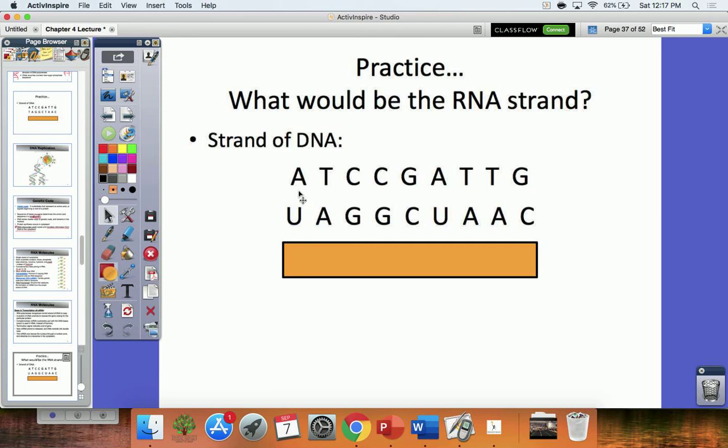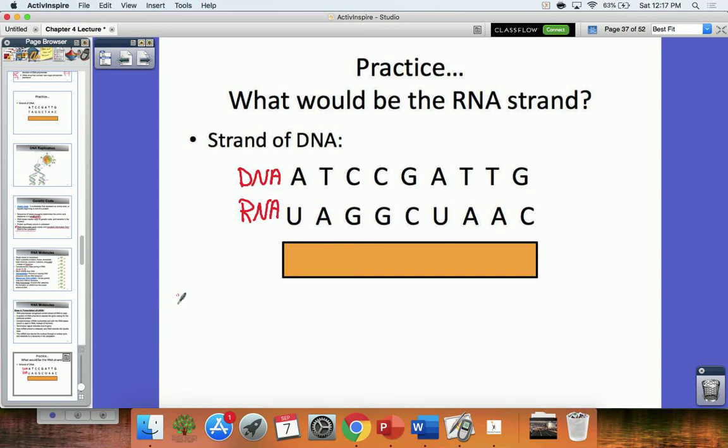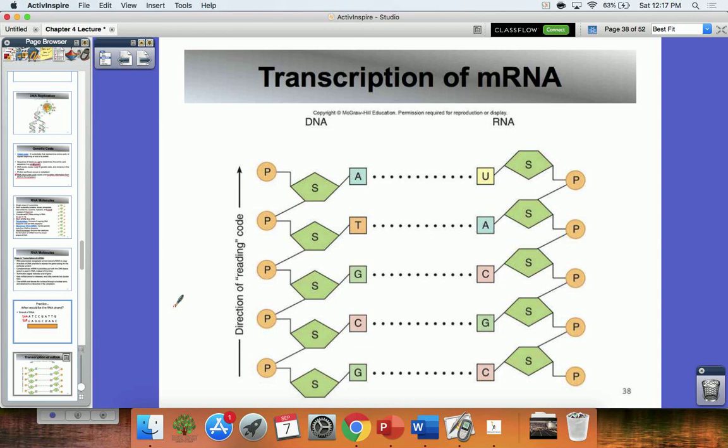Remember, wherever there are A's, it will pair with U. Wherever the DNA strand is a T, it will pair with A. So this is the DNA strand, and this is the RNA. Okay? And this is just another example showing the DNA strand on the left and the possible RNA strand on the right.